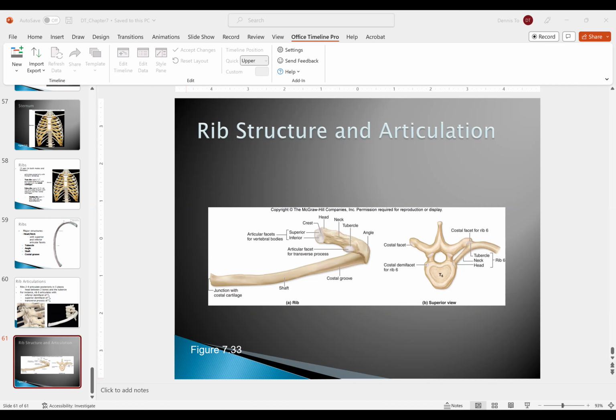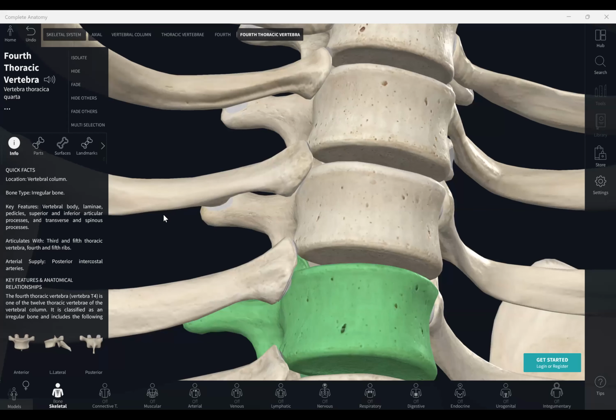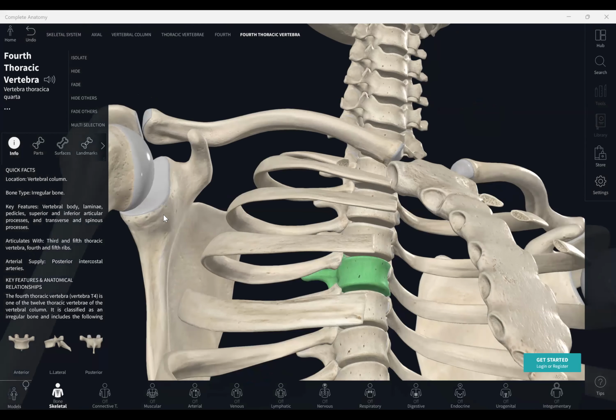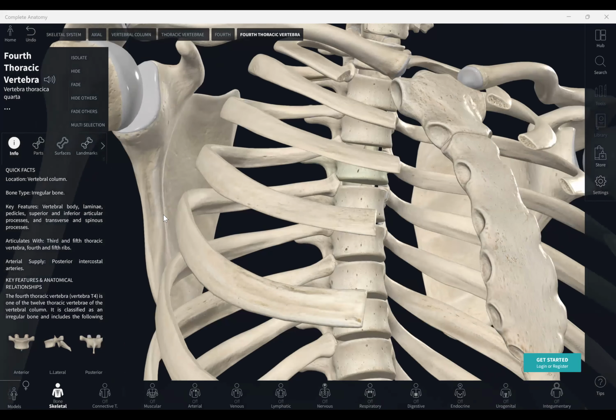Okay, let me stop sharing and then share again. What do you guys see now? Do you guys see the skeleton? Okay, all right.